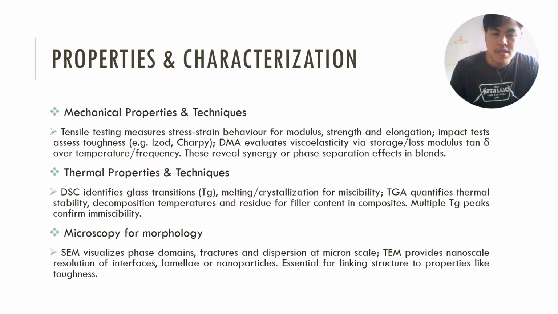And lastly, microscopy for morphology. SEM visualizes phase domain, fracture and dispersion at micron scale. TEM provides nanoscale resolution of interface, lamella, or nanoparticles. This is essential for linking structure to properties like toughness.